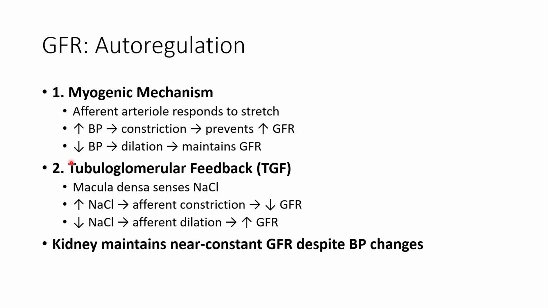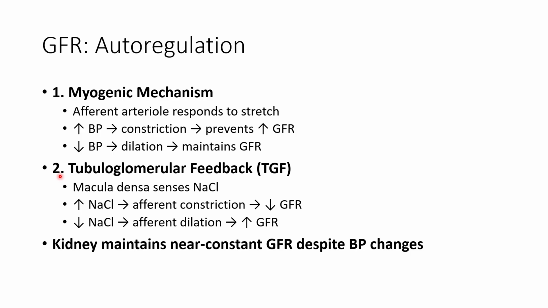The second is tubuloglomerular feedback. The macula densa is the part of the nephron that we will discuss later. These are specialized cells with receptors that can sense the sodium delivery to them.